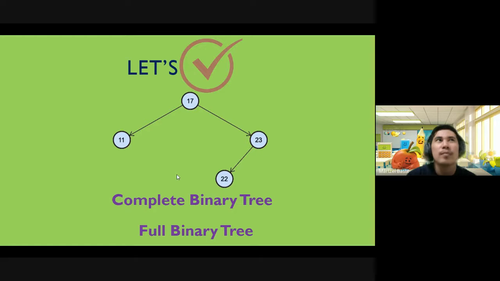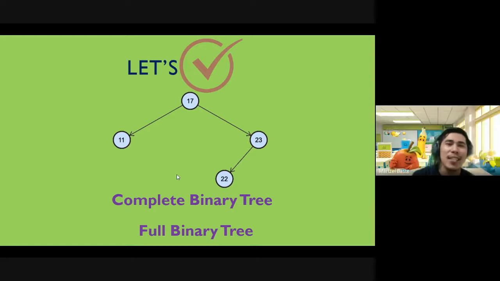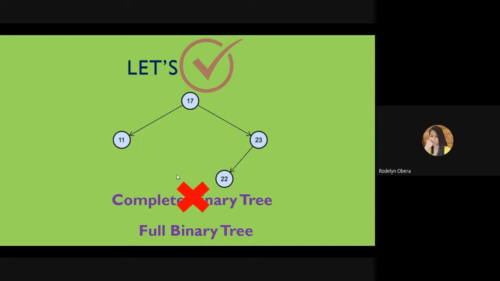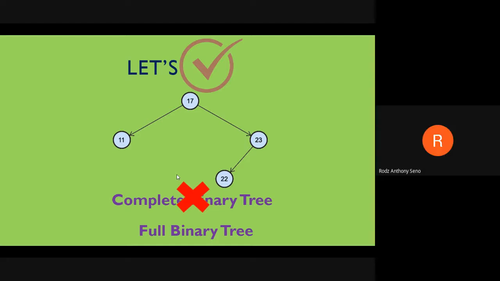Tama? Yes, sir. Dapat una siya magkaanak bago magkaanak si 23, bago matawag siya as complete. Manganak sa duha si 11 bago manganak si 23. Wala man anak. So baog. Okay.